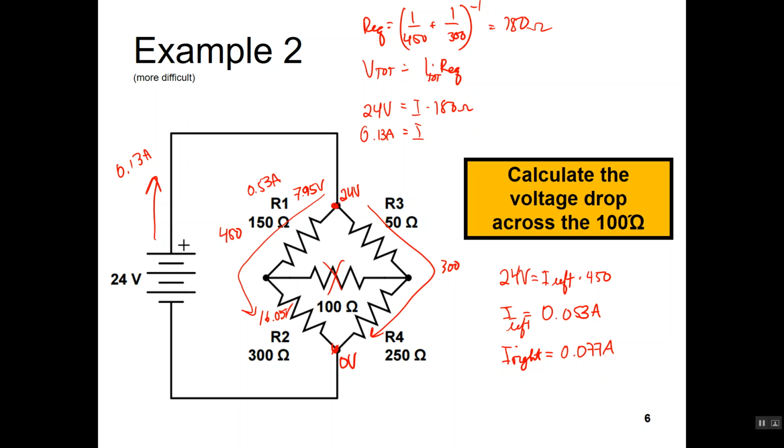Can you guys do the same thing for the right? Here? So the current going through it is 0.077 amps. So that times that is 4.